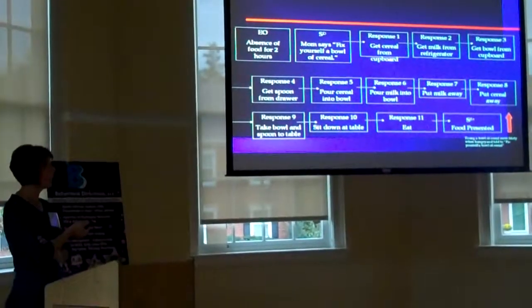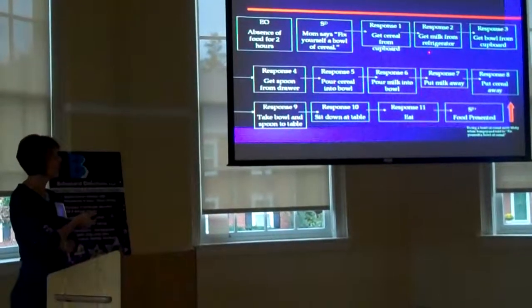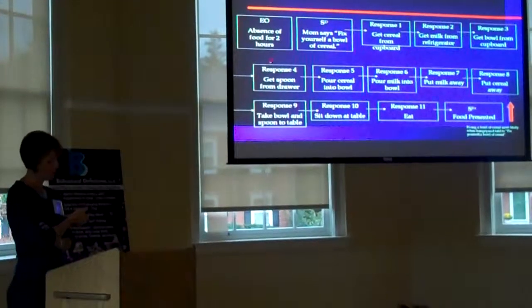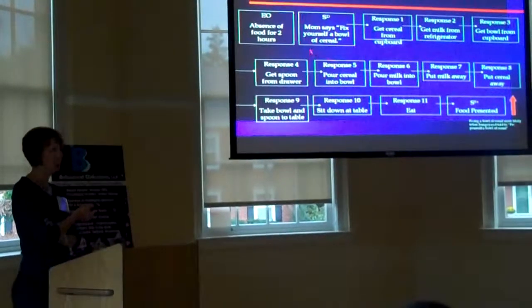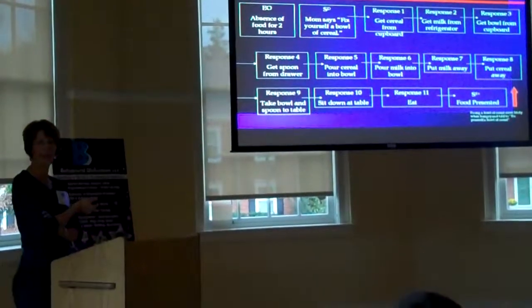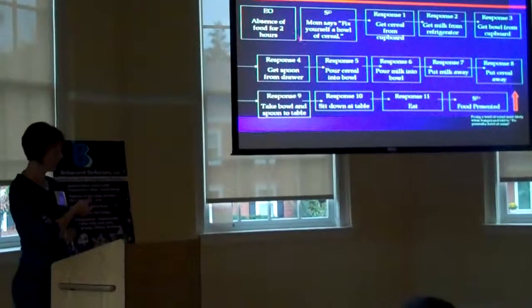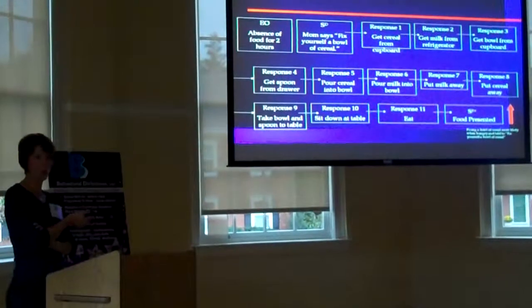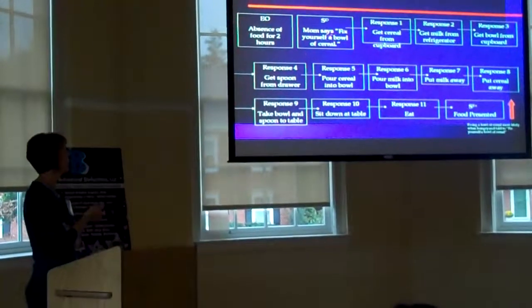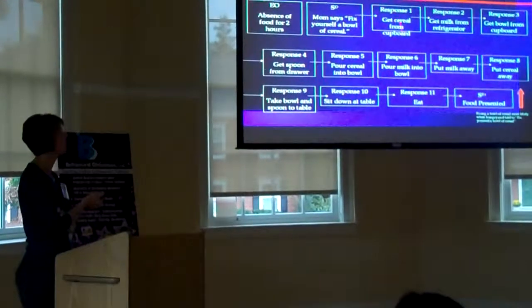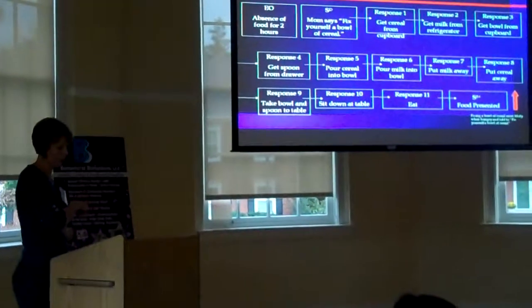The child gets cereal from the cupboard, gets milk from the refrigerator, gets a bowl from the cupboard, and you see on your slides, I hope, the little arrows that mysteriously disappeared from the slide. I don't know where they went. But basically you can see how one is the SD for the next one, and serves as a reinforcer for the prior one.